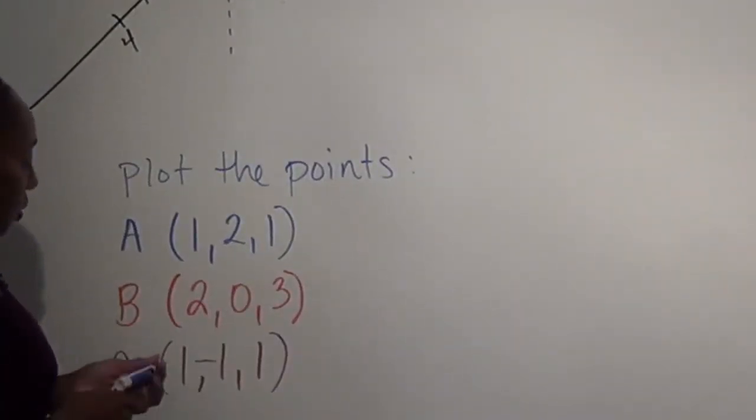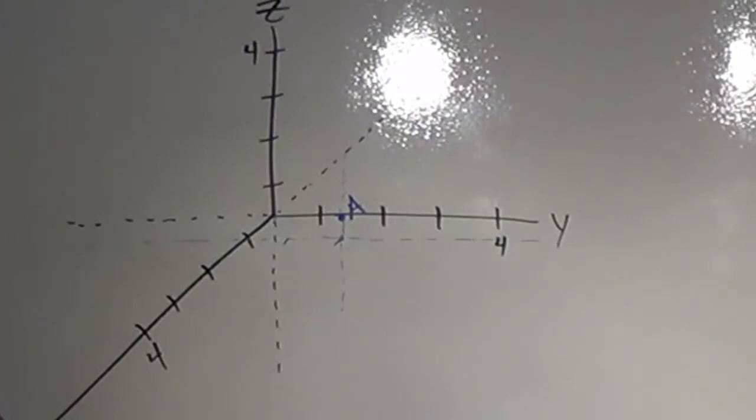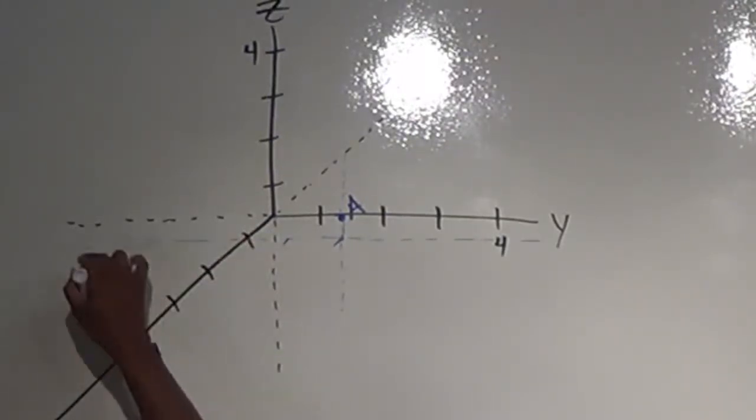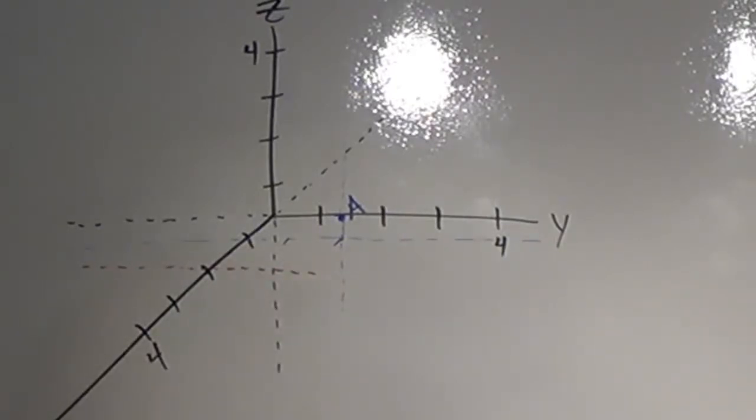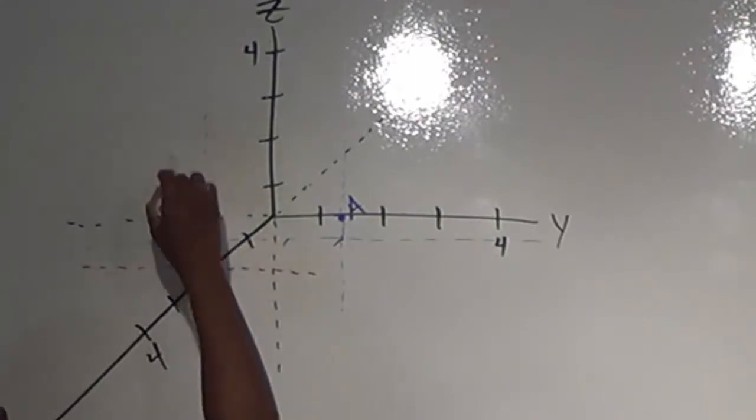For my point (2, 0, 3), same thing. I'm going to start with my x. I'm going to come out 2 units. I can think of dotting in my new x equals 2 line. I'm going 0 in the y direction, so I haven't left the x-axis. And then I'm going to go 3 units in the z direction.